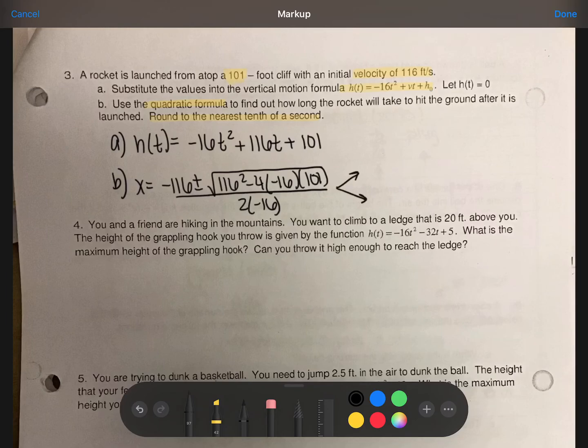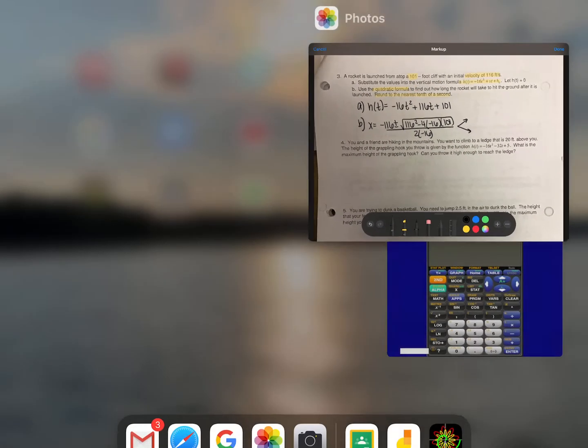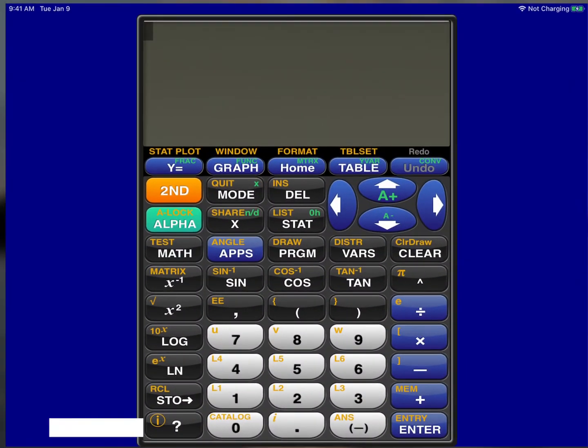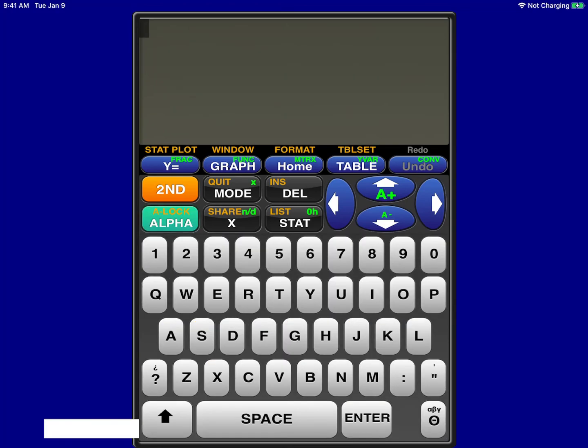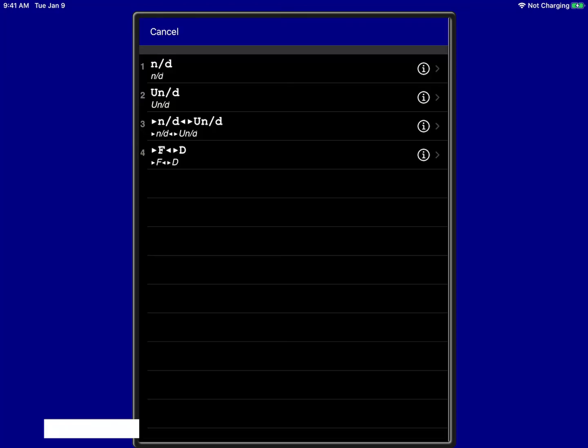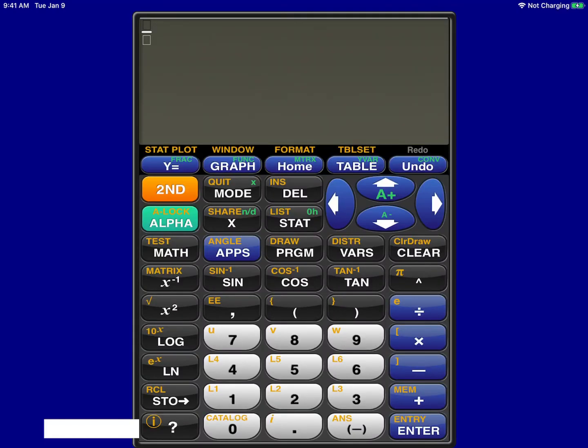Now, when you're here, you can plug this whole thing into your calculator, whether you're using Desmos or the calculator that you downloaded, Graph and Calc, which is awesome. To do this, you would do alpha y equals, and you want to choose that first option that says n over d. That's numerator and denominator. And what that does is it gives you this fraction bar.